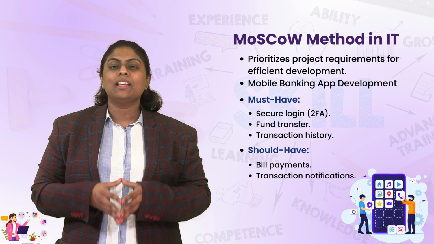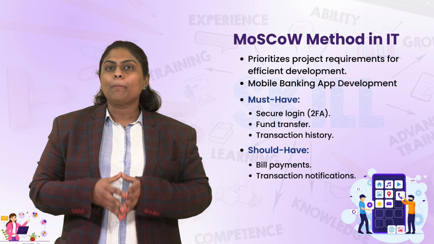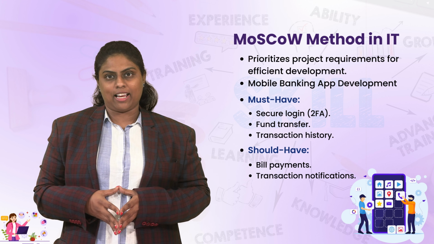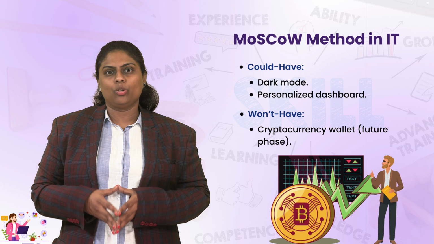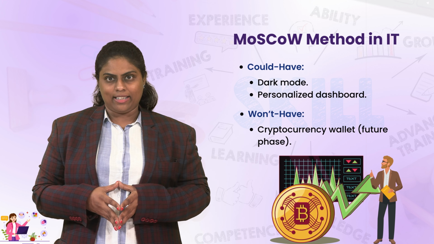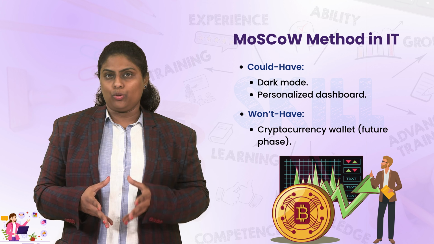Should have includes bill payments integration, push notifications for transactions. Could have includes dark mode options, personalized dashboards. Won't have includes cryptocurrency wallet integration, that is deferred for a future phase. And the business impact is timely delivery of a fully functional app, higher user satisfaction by focusing on core banking needs, and efficient use of development resources.